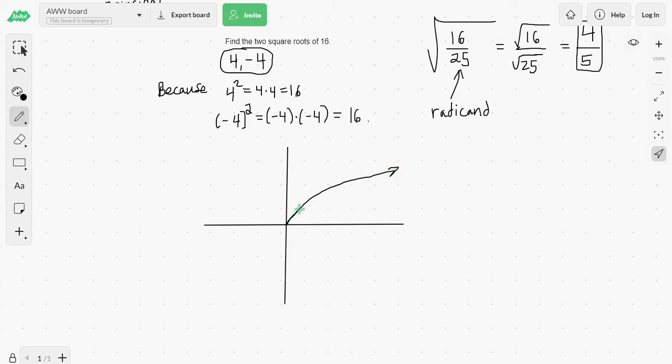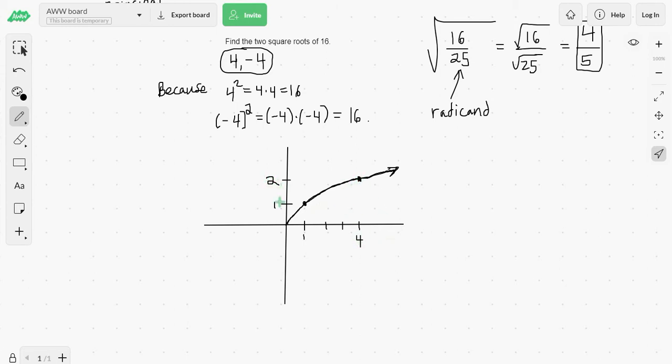It's curvy, and it grows pretty slowly, is the idea. And you should have a point at, say, 1, 1, because the square root of 1 is 1. And you should have another point, say, at 4. It should give you 2, because the square root of 4 is 2.